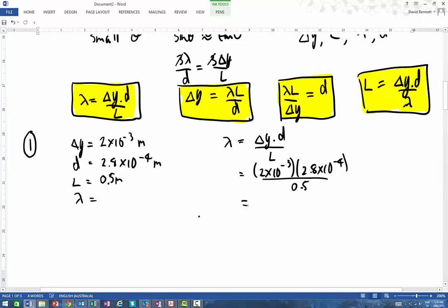Now, what I'm looking for is a value somewhere between 4 by 10 to the minus 7, going through to something like 7.5 by 10 to the minus 7. If this is an experiment that we're conducting in the laboratory, obviously you've got eyes, and it's the only way you're going to see the information is by using your eyes. It has to be in that range.